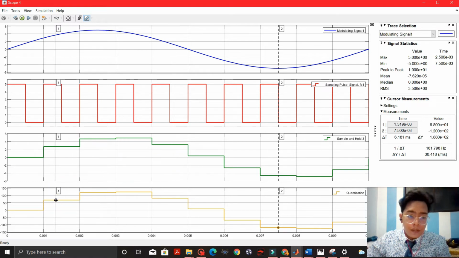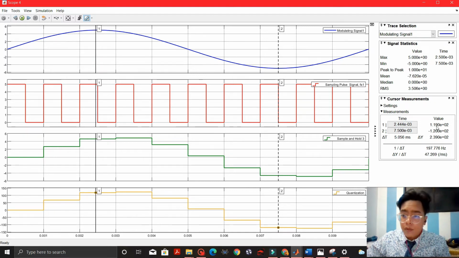We can read the output here based on this cursor measurement. So this is more than 50, which is 98, and then here 119, then here 123, and so on.